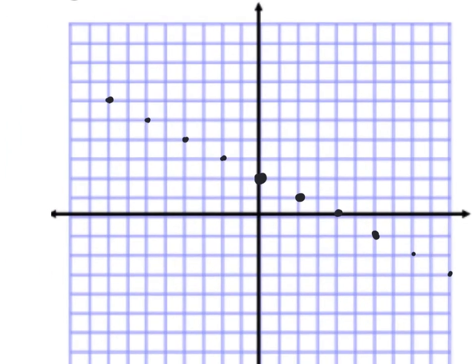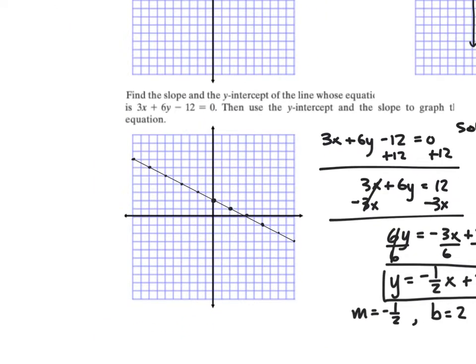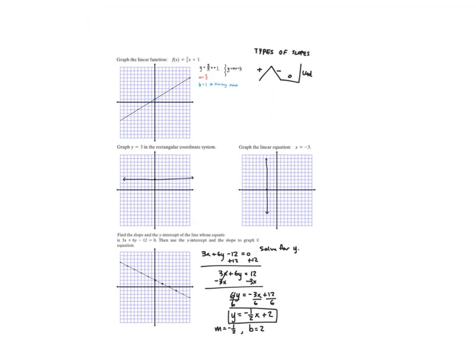Guys, these should all be things that you've seen before, so I'm kind of rifling through this, mainly because you've done this. Then I'm going to draw a line connecting those points, and that's how we do those.